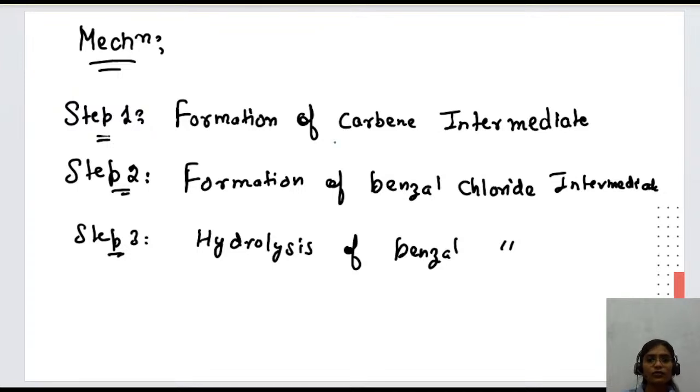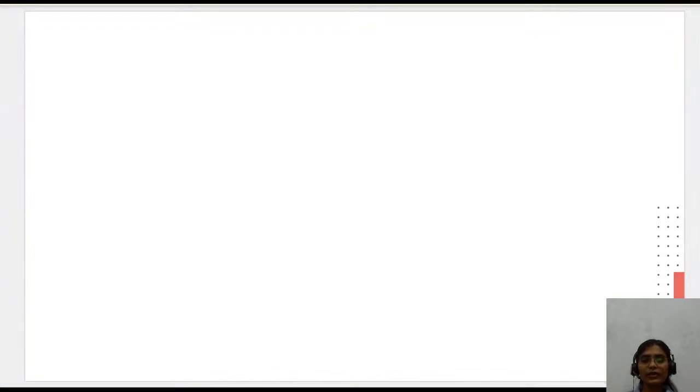Now, first of all, what is the meaning of this word benzyl? Does anyone know the meaning of this word benzyl? Okay, Mani, you are technically right.